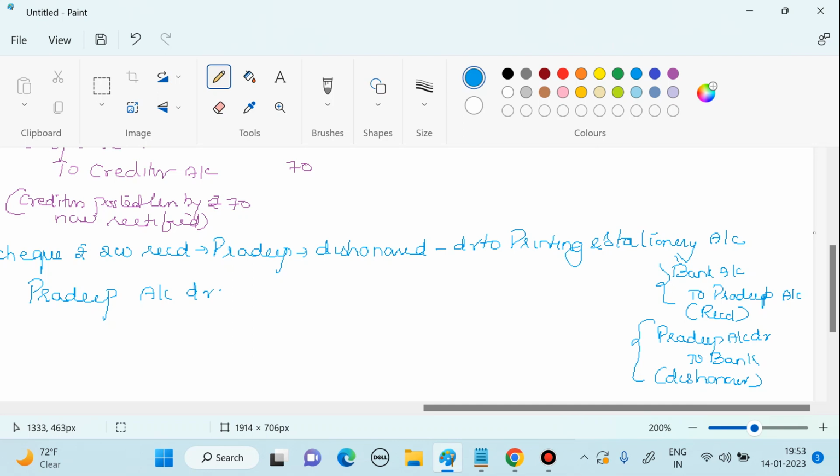Yeah. Pradeep has to be brought into the books back as a debtor because the amount is still receivable from him. So we debit him with that amount. And by mistake, the debit had gone to printing and stationery, which has to be nullified. So we credit printing and stationery account to nullify that debit.